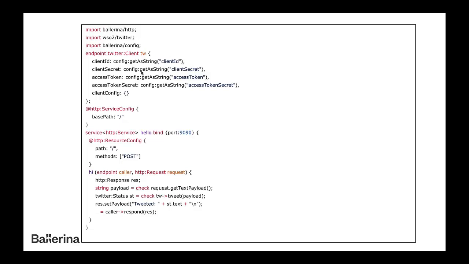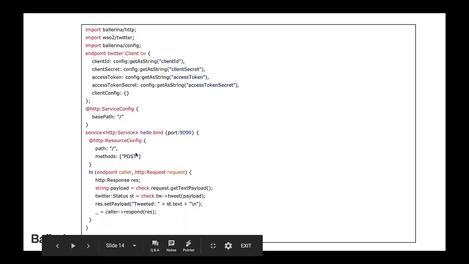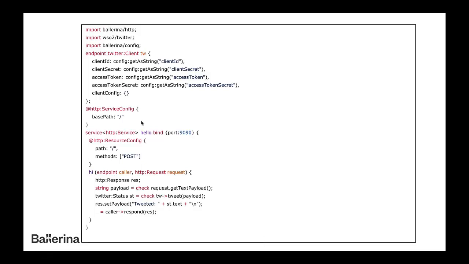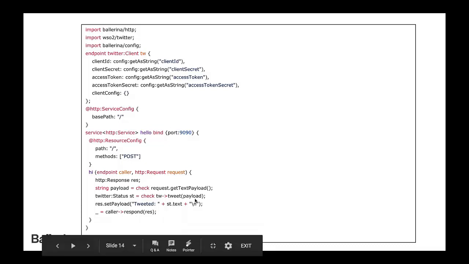We get those using the configuration API, because those are secrets you don't want to hard code in the program. And then the service. You can configure the service properties using annotations.